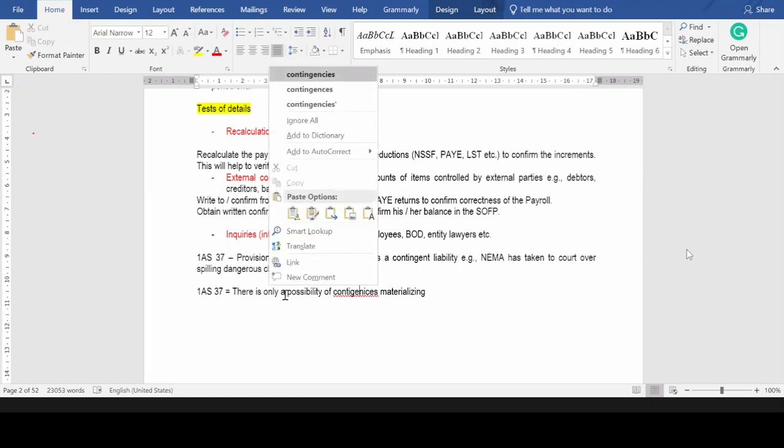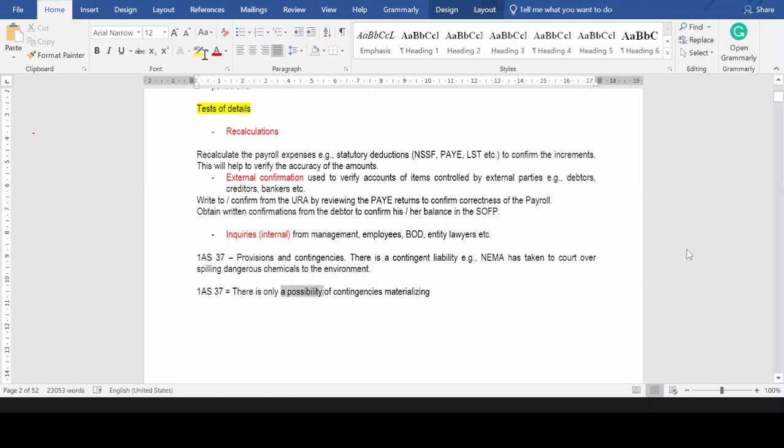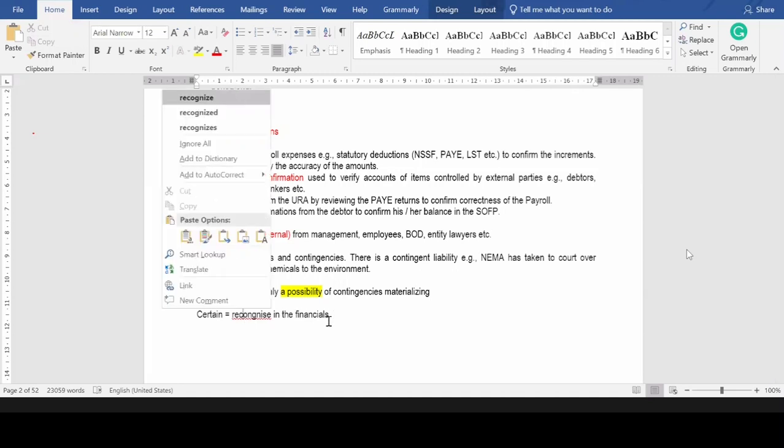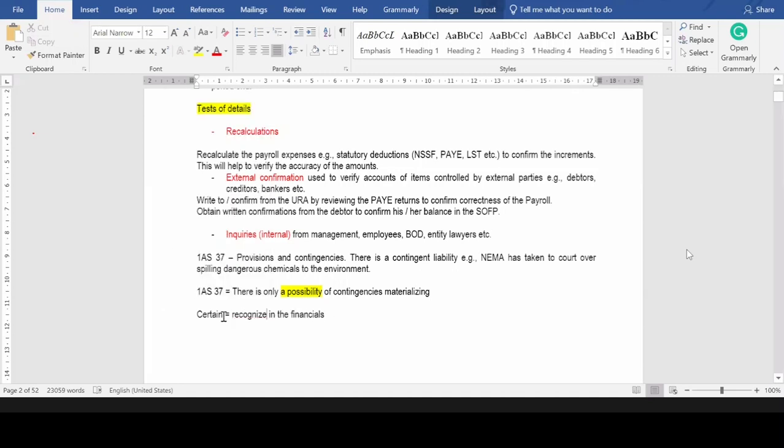Some of them may never materialize, so there's only a possibility. You remember in IAS 37, they told you if it's probable, you have levels, you have certainty. If you're certain, then you recognize that item in the financials. Certain means 90 and above chances.